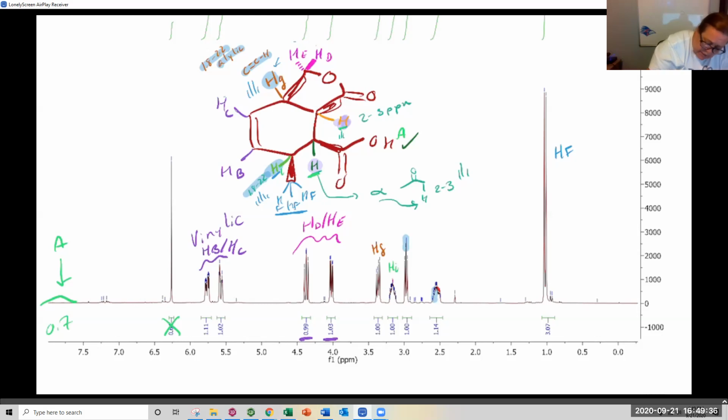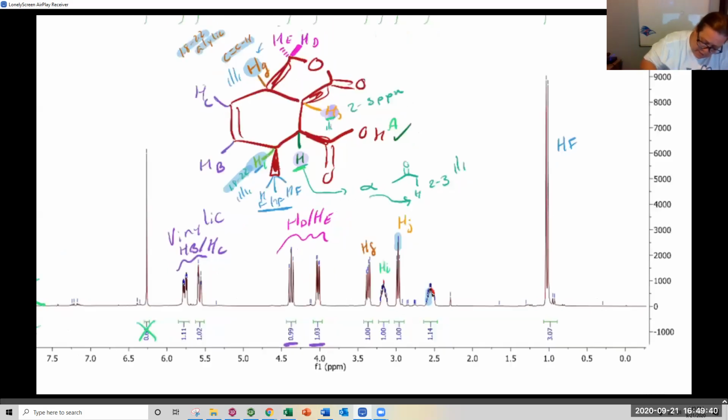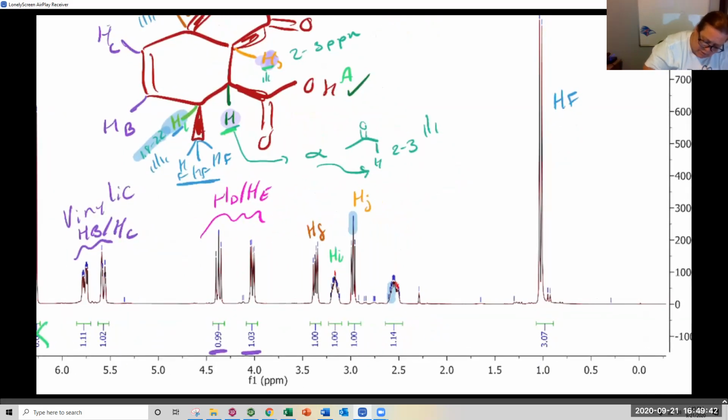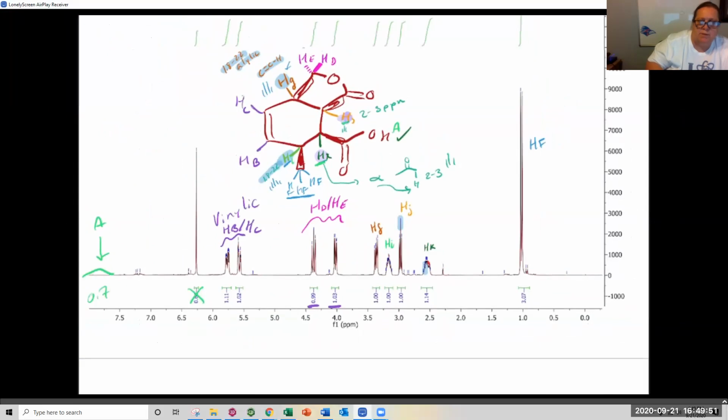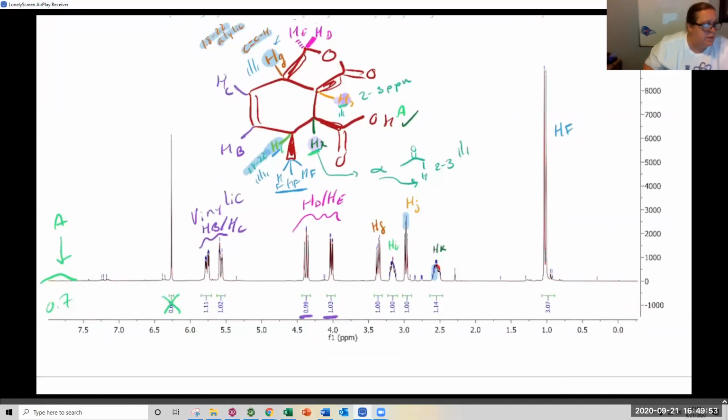What did I leave off? HIJ. So we're going to call this one HJ. Okay. And then this last one is HK. Okay. So there should be absolutely no confusion as to what you need to label on your NMR peak. Okay? Should be no confusion whatsoever. The only reason I'm doing this for you guys is because I will stipulate to the fact that this is a relatively complicated structure.